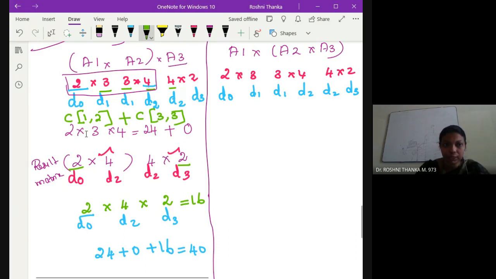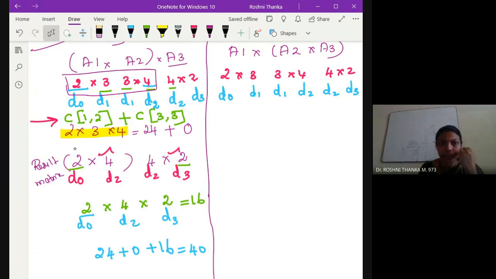This is the first step we did. First we multiplied A1 and A2, and for that it is represented as cost of 1, 2. That is what we are finding here. In this place, we are finding 2 into 3 into 4. What does that represent?